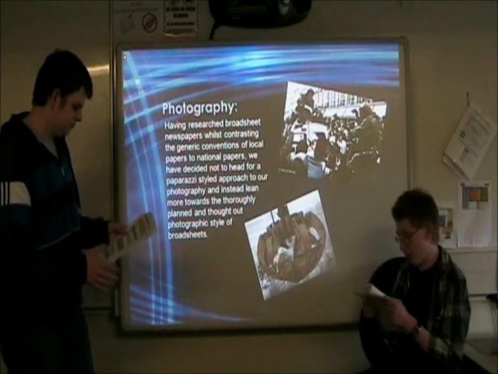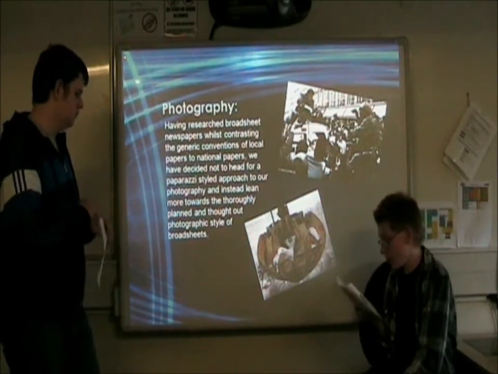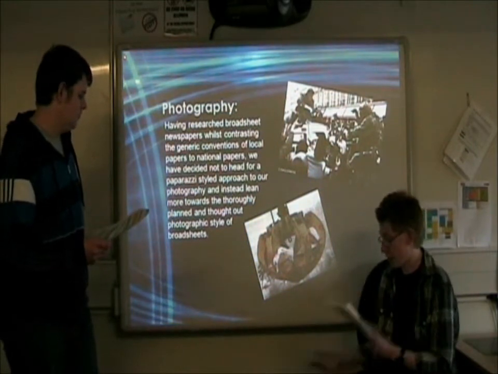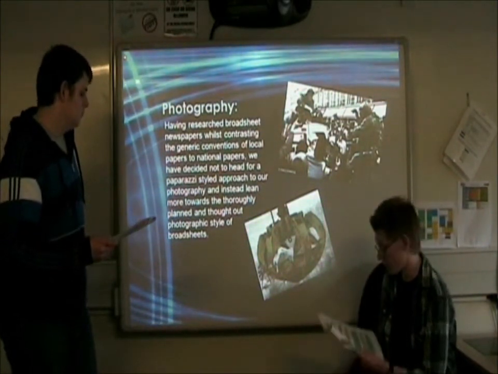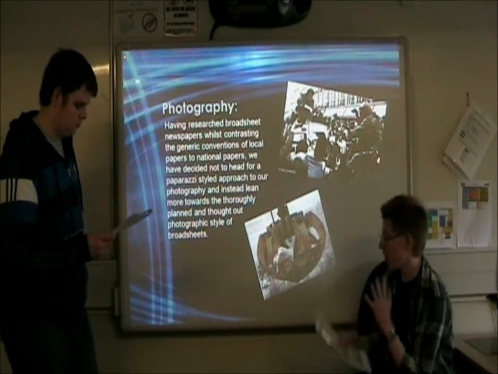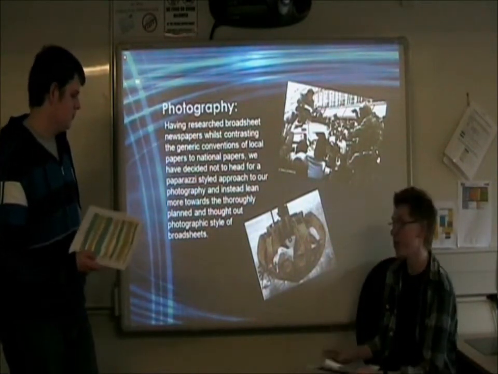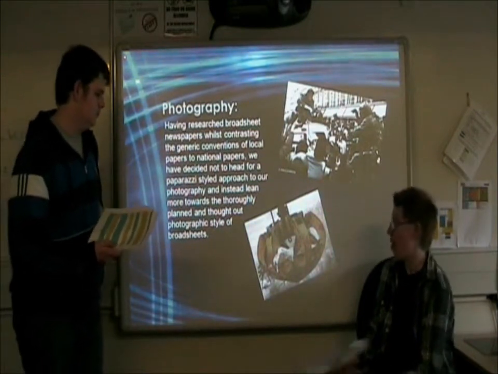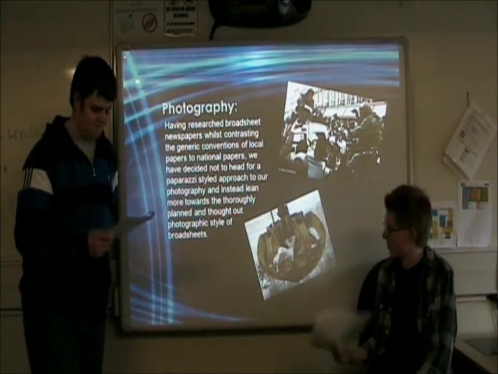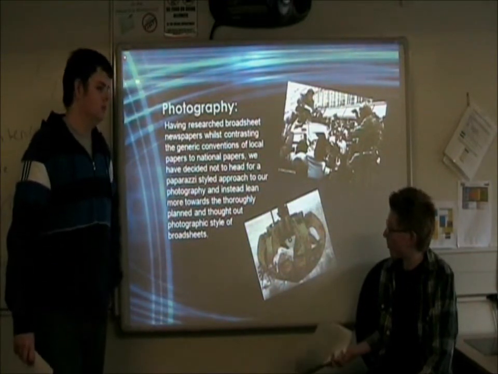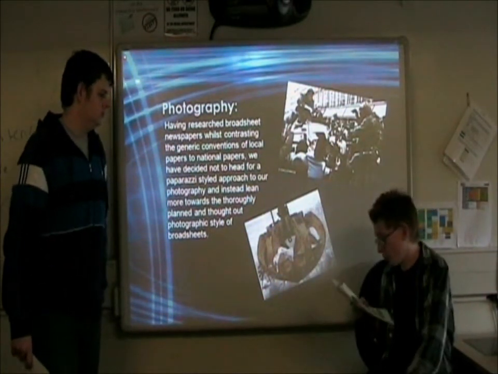As a photographer, having researched broadsheet newspapers whilst contrasting generic conventions of local and national newspapers, we decided not to employ a paparazzi style of photography, which is a generic convention of tabloid news, and go for the more planned and thought out photographic style of broadsheets.